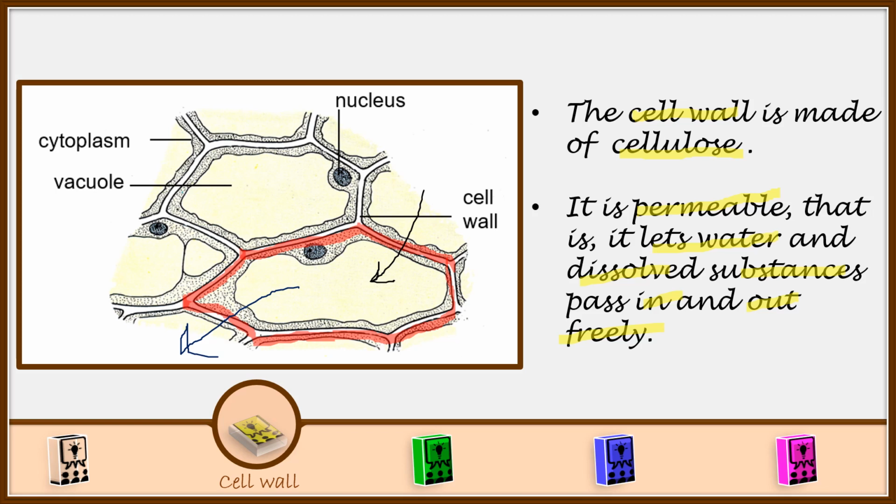Water will enter, and then we have things like nutrients and oxygen will enter, and it will allow other materials to get out, like waste material, nitrogenous wastes, and so on, to move out of the cell freely.